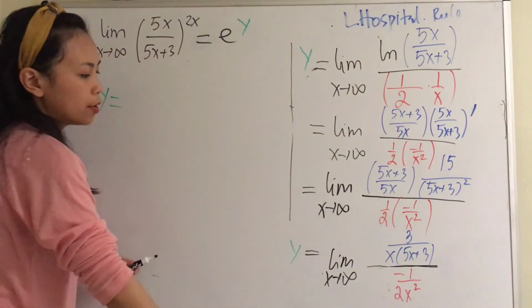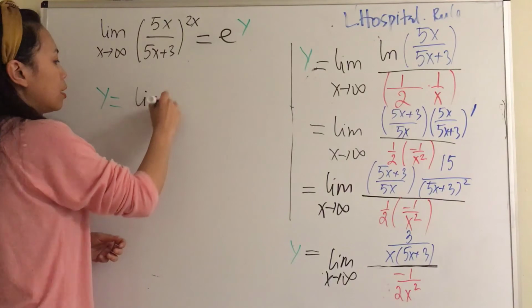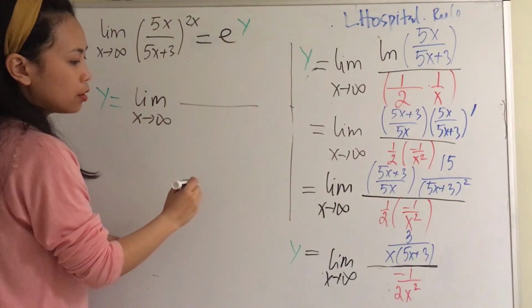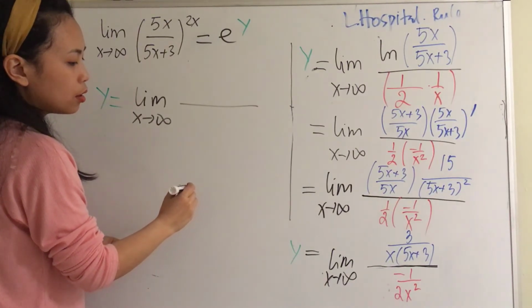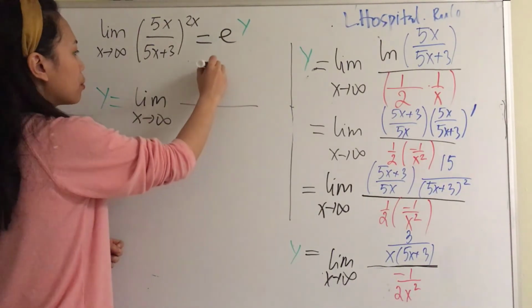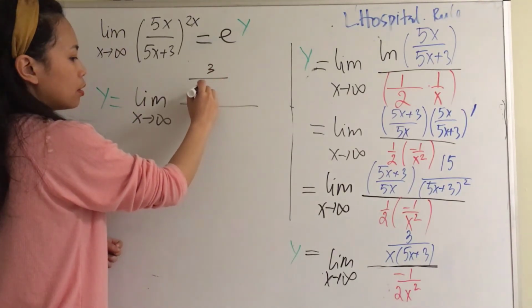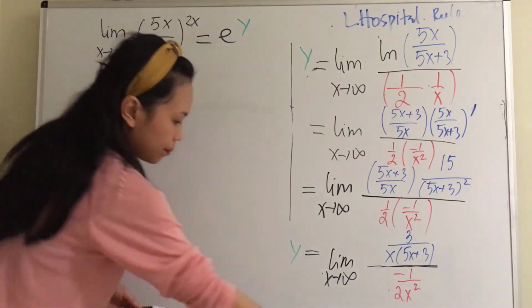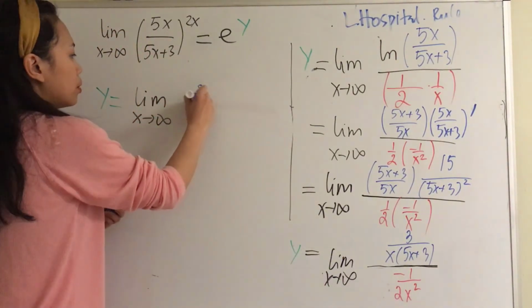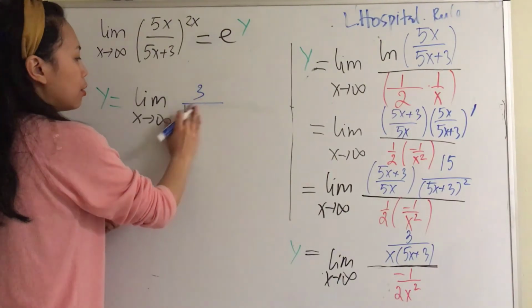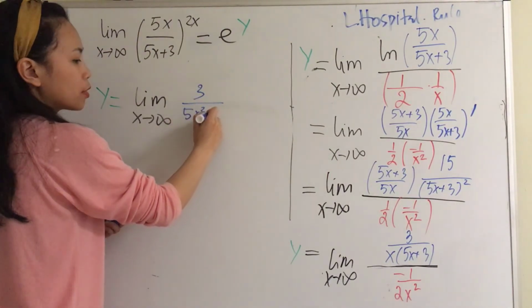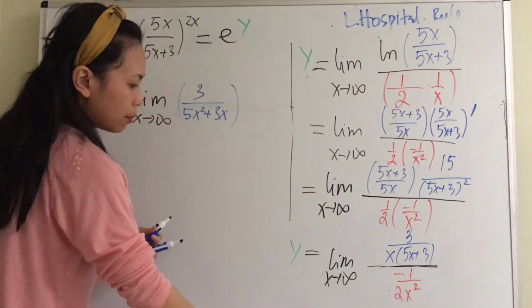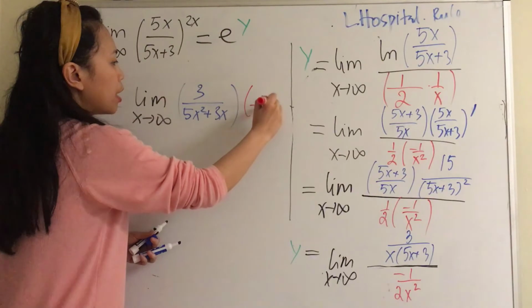Y is equal to the limit as x approaches infinity of, the top becomes 3 over 5x squared plus 3x, times the reciprocal of negative 1 over 2x squared, which is minus 2x squared.